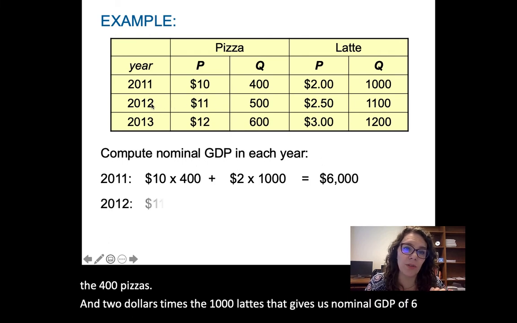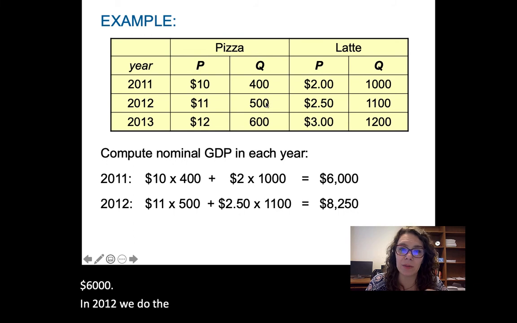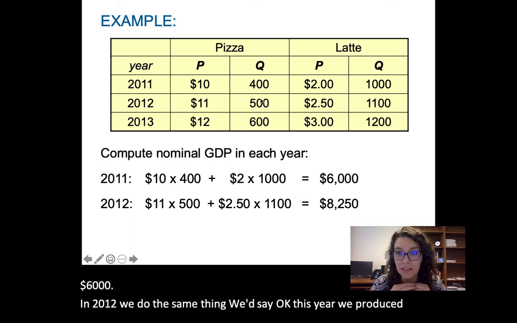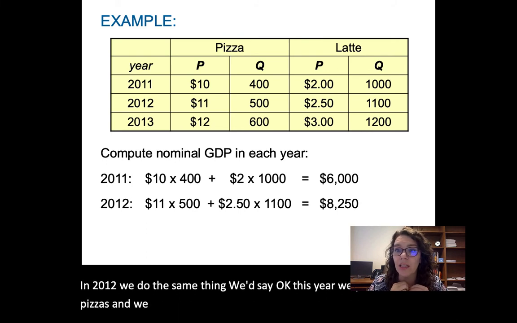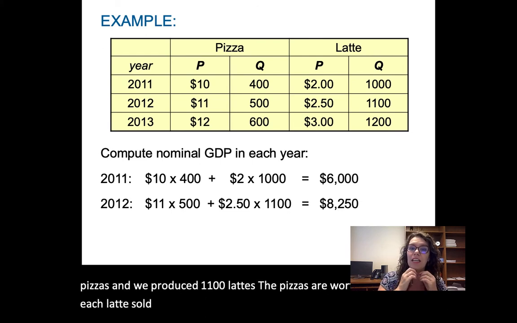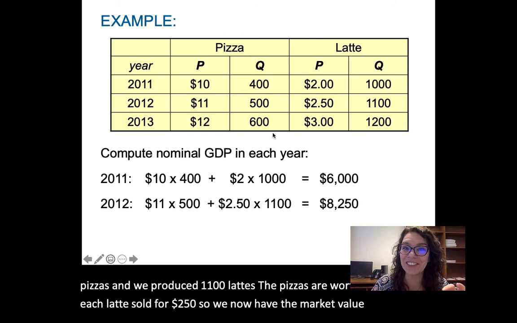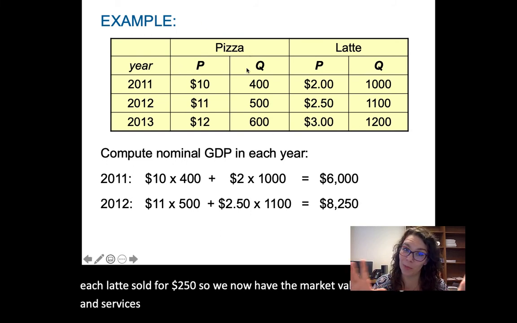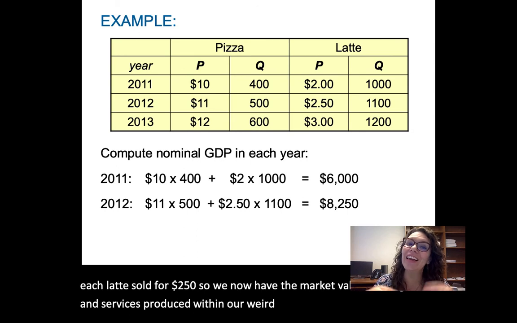In 2012, we do the same thing. We'd say, okay, this year we produced 500 pizzas and we produced 1,100 lattes. The pizzas are worth $11 and each latte sold for $2.50. So we now have the market value of the goods and services produced within our weird little pizza latte country in the period we're talking about, which is 2012.